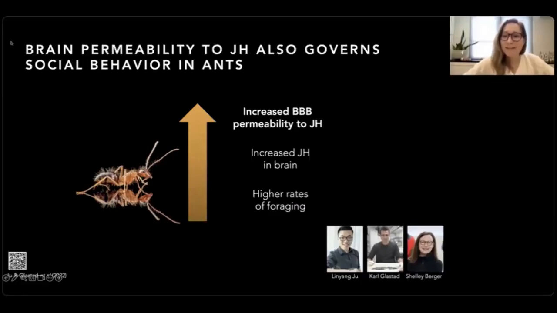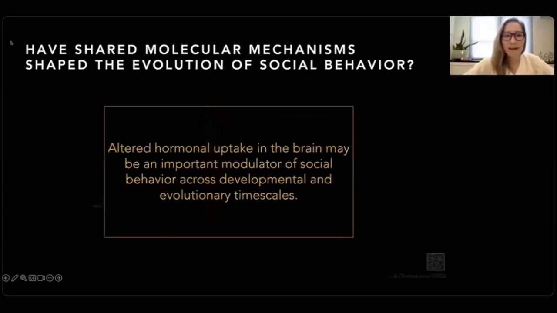This is amazing because it suggests that there's been convergent evolution on the brain hormone axis in both bees and ants, and this represents more than 180 million years of evolutionary divergence. And so together, our results suggest that altered hormonal uptake in the brain may be an important modulator of social behavior across both developmental and evolutionary time scales.